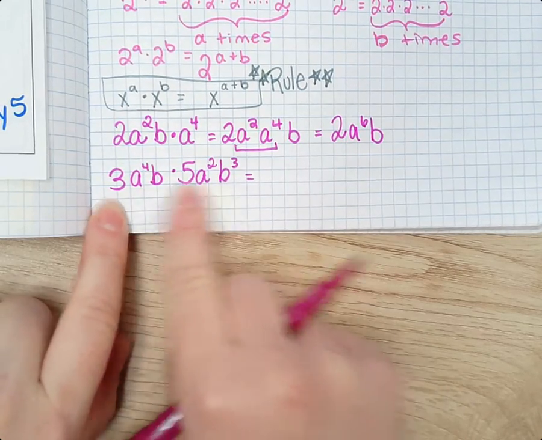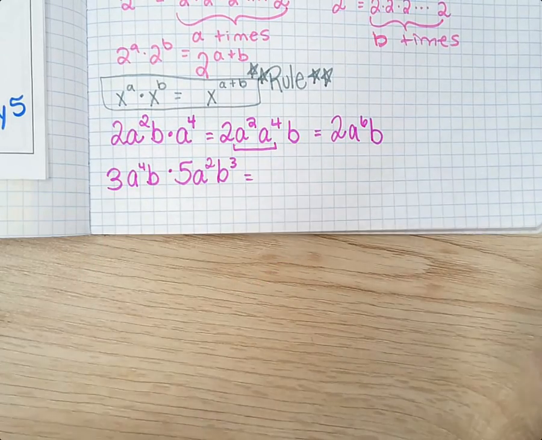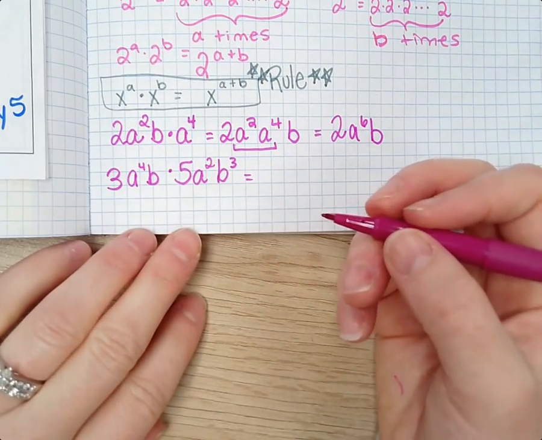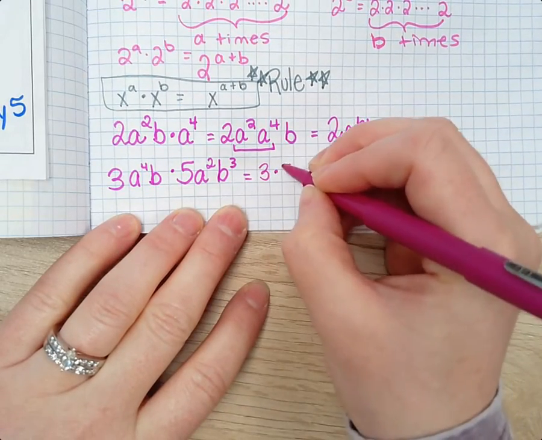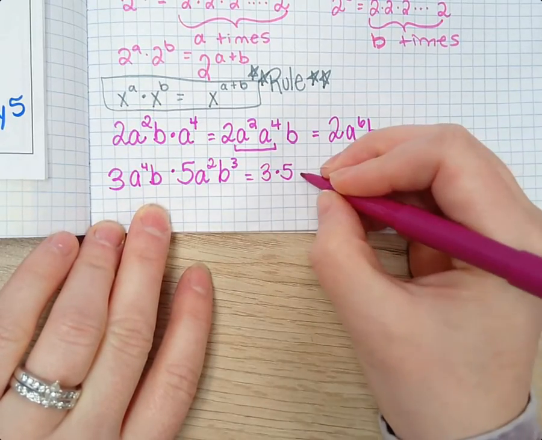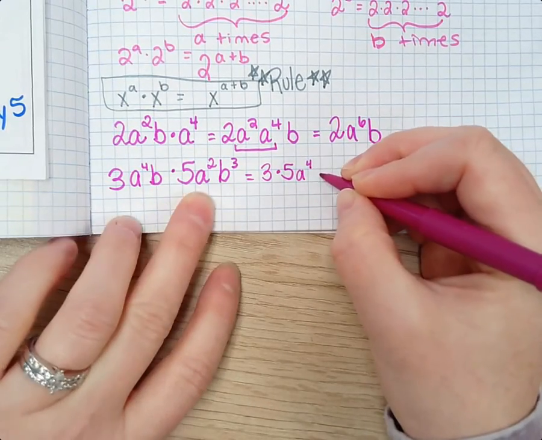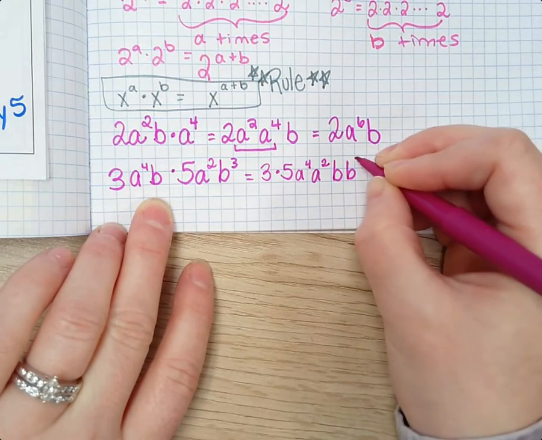Add them, but what operation is happening here? Multiply. So I'm going to rearrange them so I have my constants beside each other, so 3 times 5. Then a to the 4, a squared, b, and b cubed.